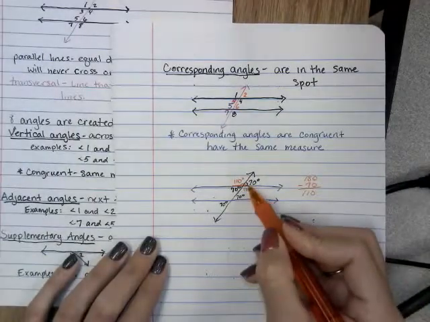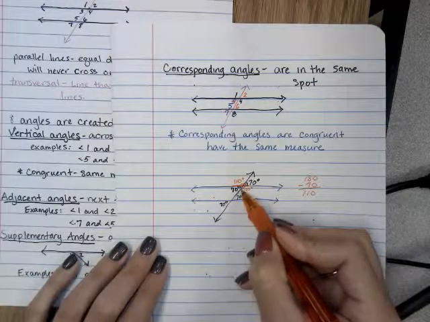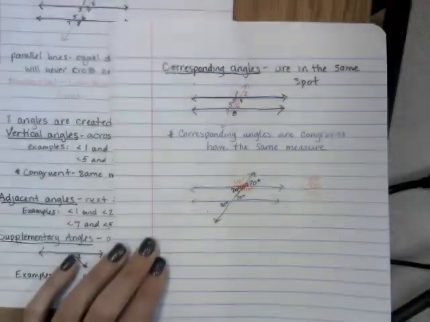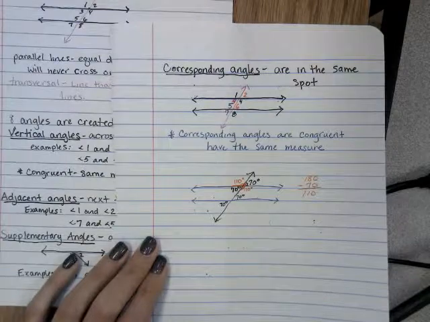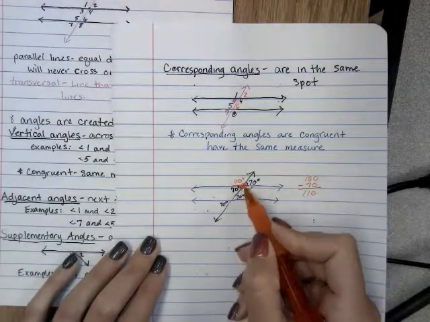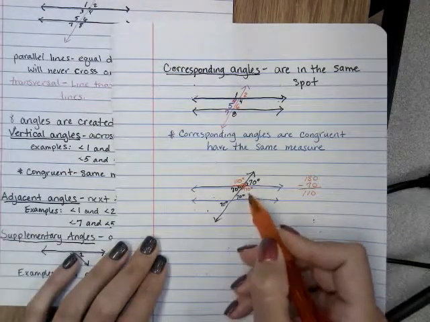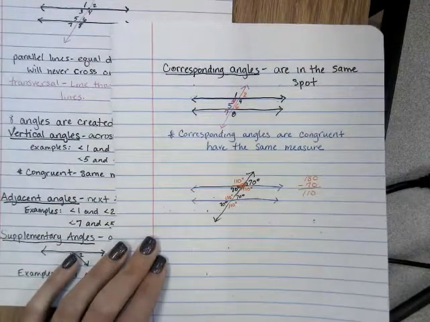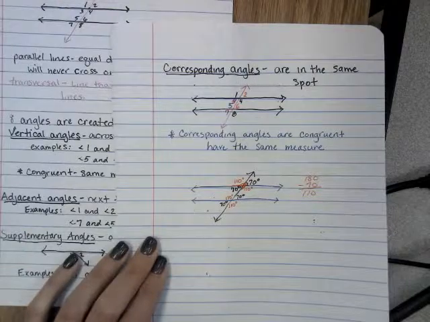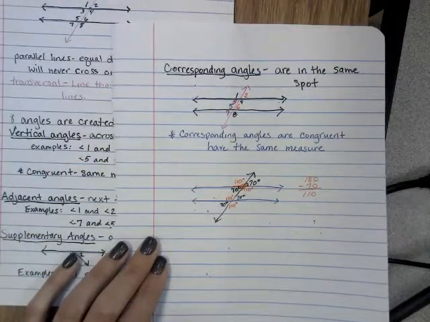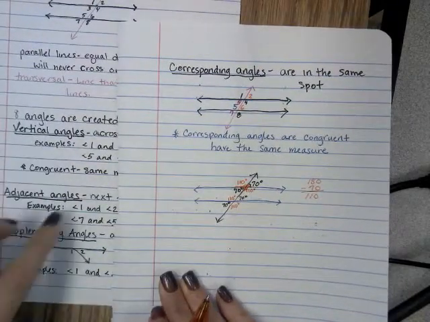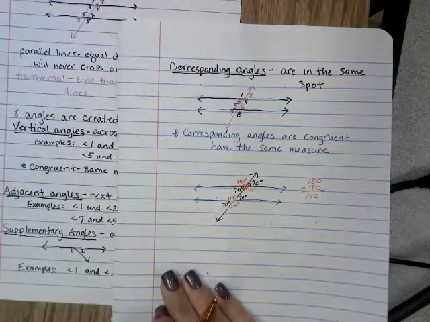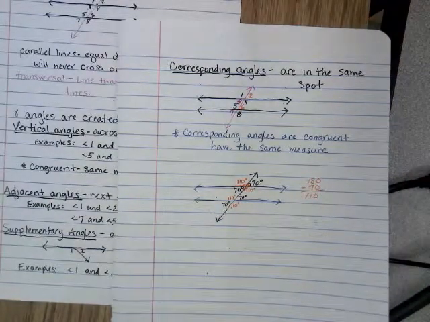And you notice that together, these two also make a straight line. They're 180 degrees. These two 110 degree angles correspond. They're in the same spot as these two angles down below. So using a few of these vocab terms, I'm able to determine all of the other missing angles.